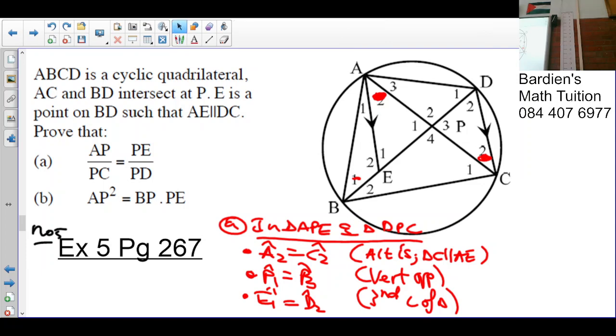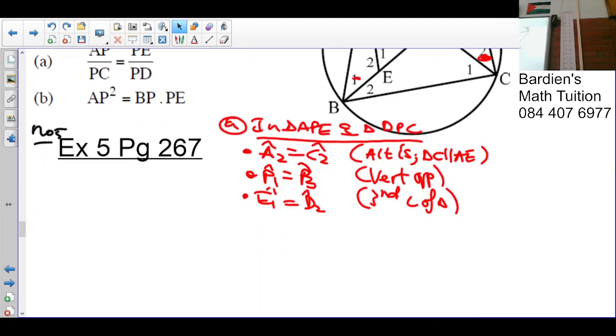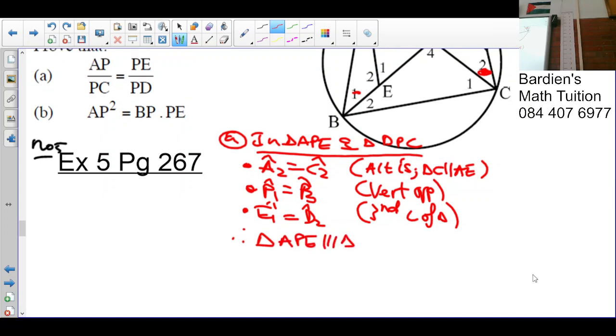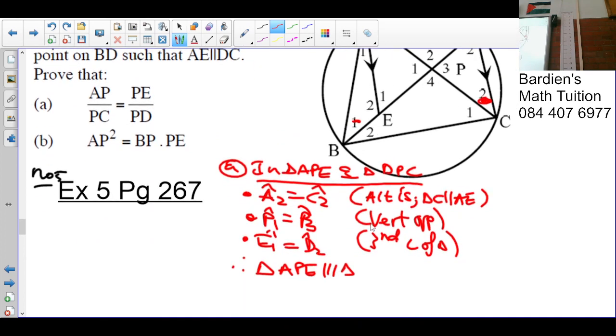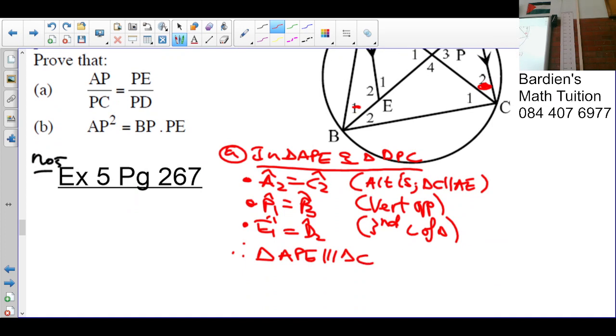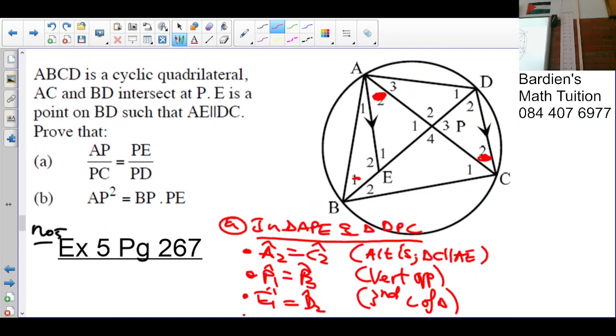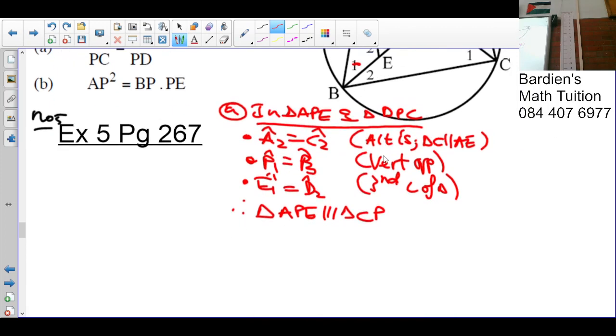So from here we can conclude. Therefore, triangle APE is similar to triangle CPD. So APE is a triangle on this side. So A corresponds with C. P corresponds with P, of course, vertically opposite. And E corresponds with angle D. And what's your reason here?